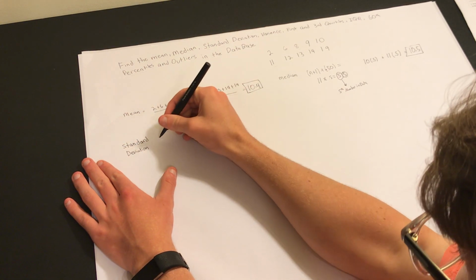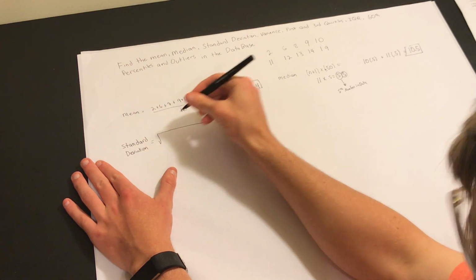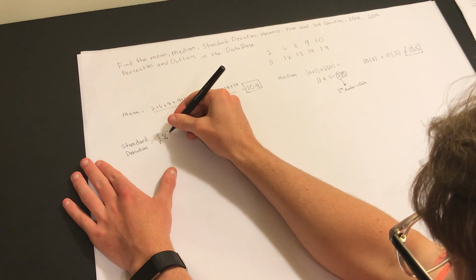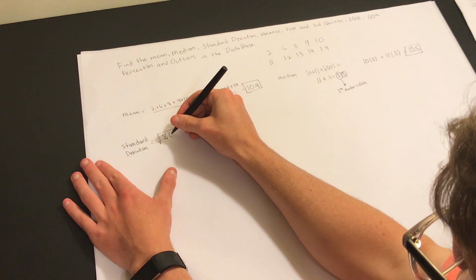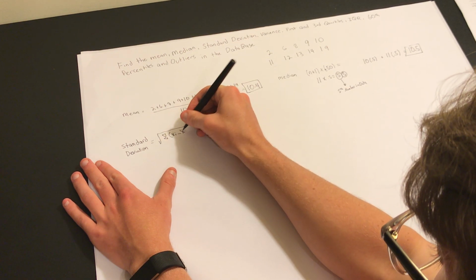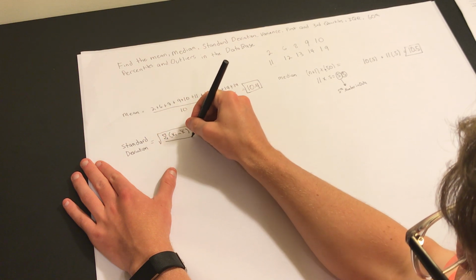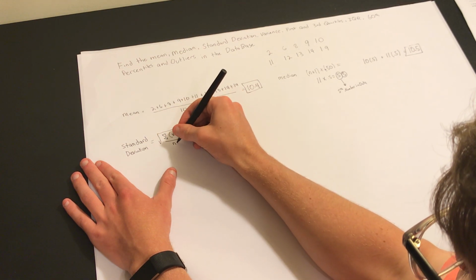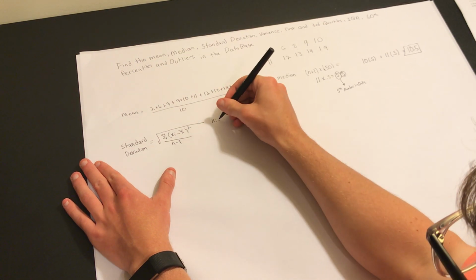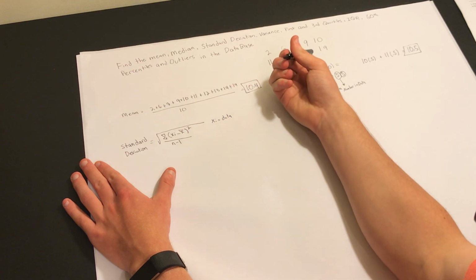The formula is the square root of the summation of x sub i minus x bar, squared, all over n minus 1. So x sub i equals the data point from up here.